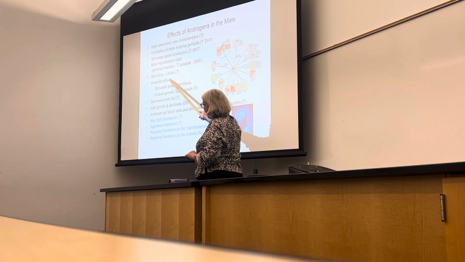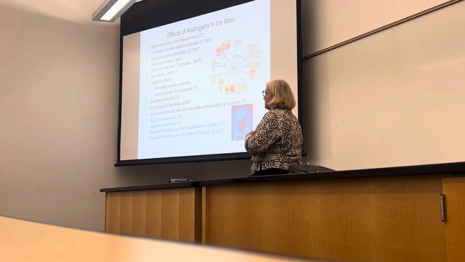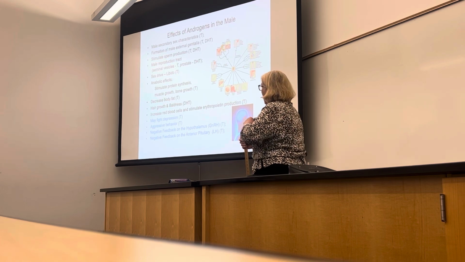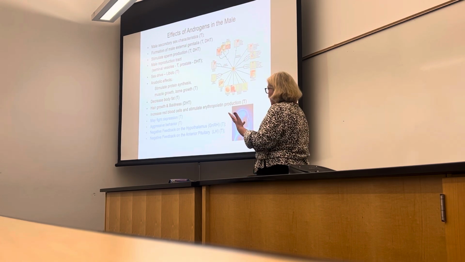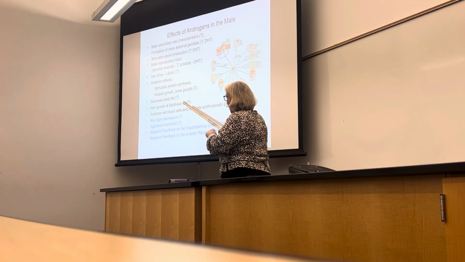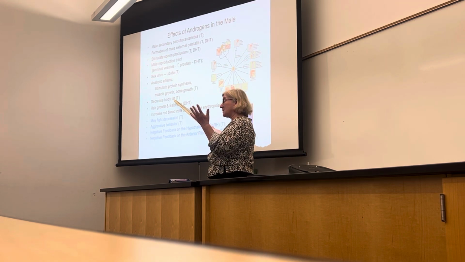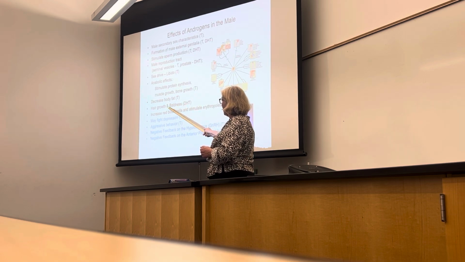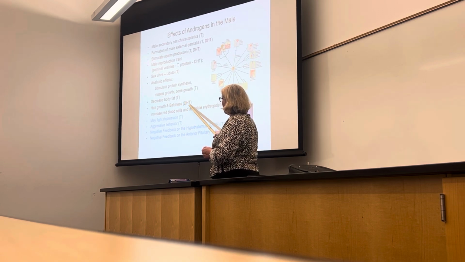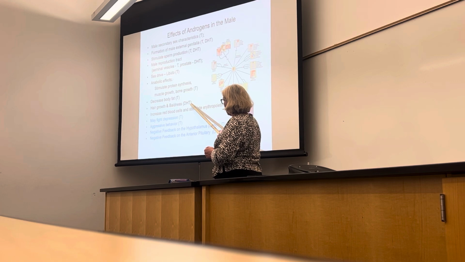It has an anabolic effect, meaning it stimulates the protein system, muscle growth, and bone growth, and therefore, on average, males do present larger, right? It has an effect on the decrease in body fat. Baldness and hair growth are associated more with DHT rather than testosterone.